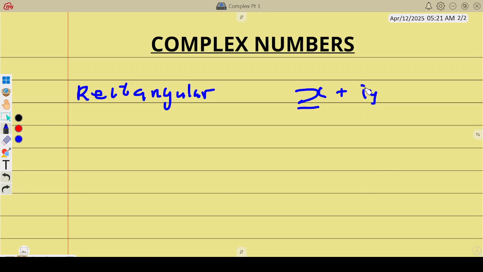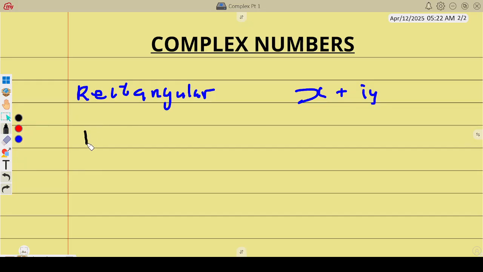The i simply means imaginary. Some textbooks use the notation a plus bi, meaning a is the real part and b is the imaginary part. For most of this discussion we'll be using the x plus iy notation.